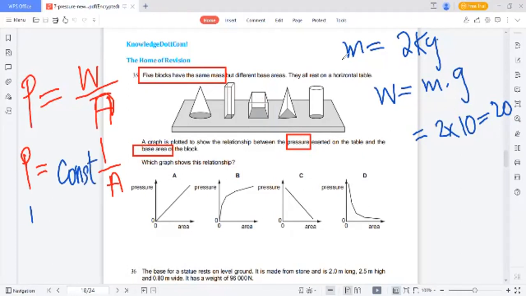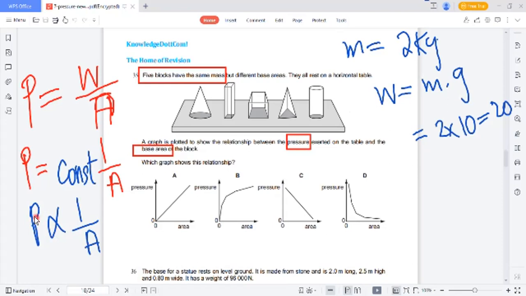And when there is a constant, you can replace it, so you can see pressure and area are inversely proportional to each other.